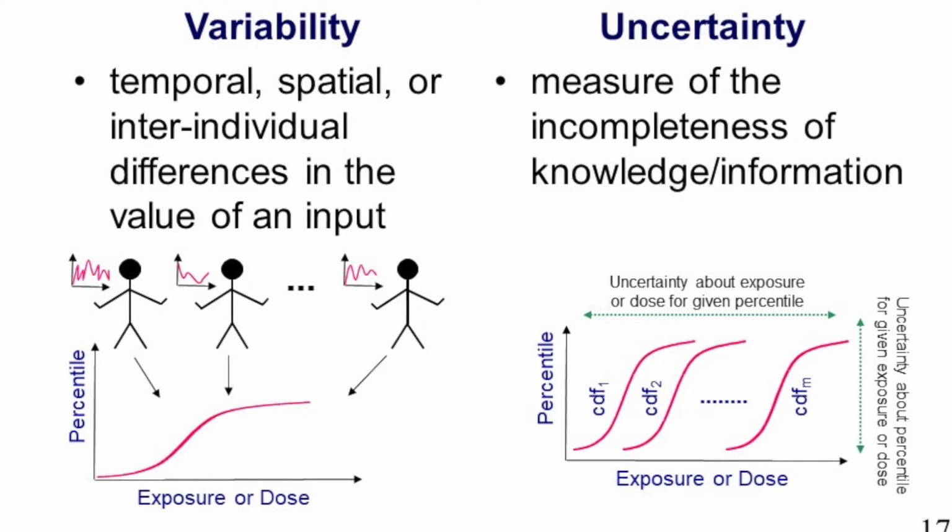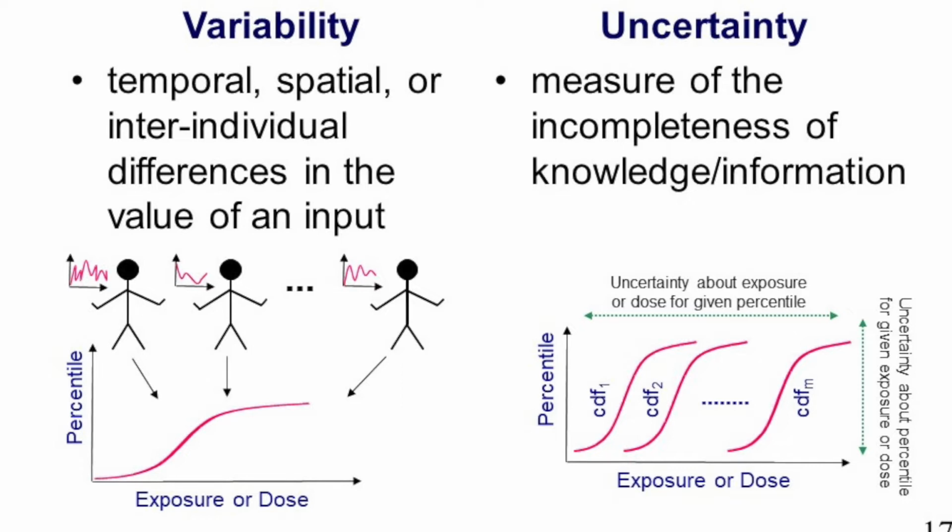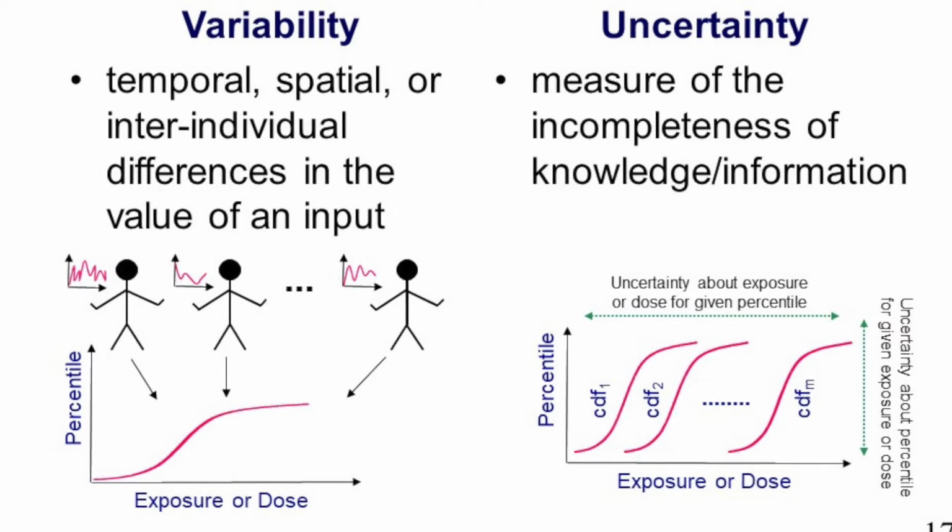When we incorporate this information into the model, we get a distribution that shows the percentiles of predicted exposures and dose, with the exposure and dose on the x-axis and percentile on the y-axis.